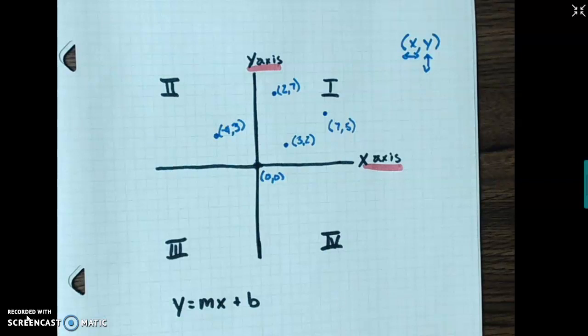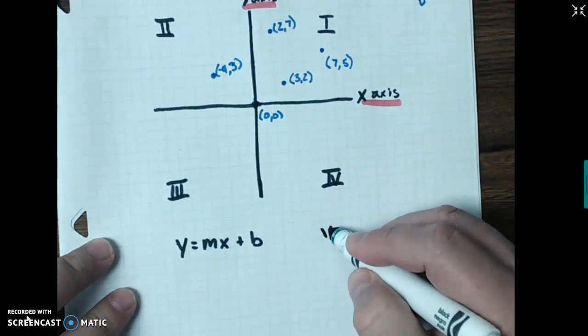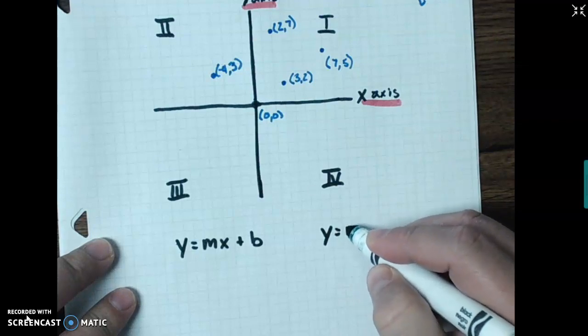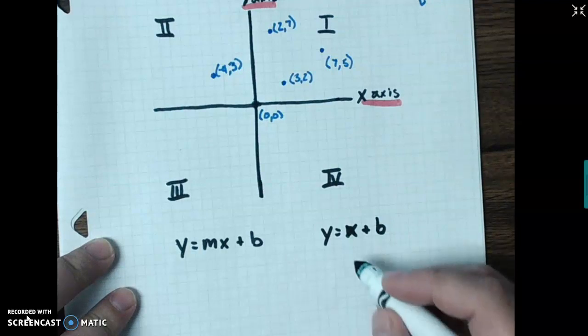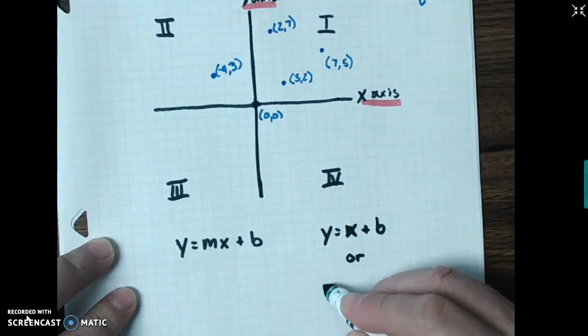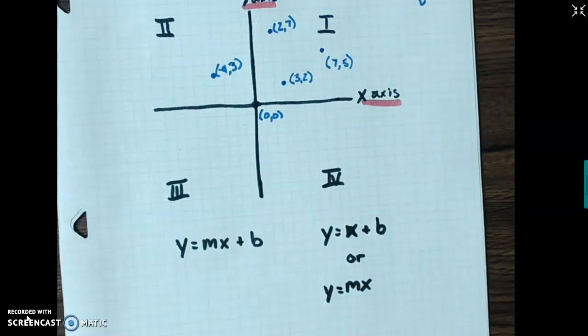You don't need to know any of the specifics just yet. But we're going to use this formula, and we're going to break it down. This year, we're only going to use the y value equals the x value plus another number. Or we're going to use the y value equals the x value times another number.